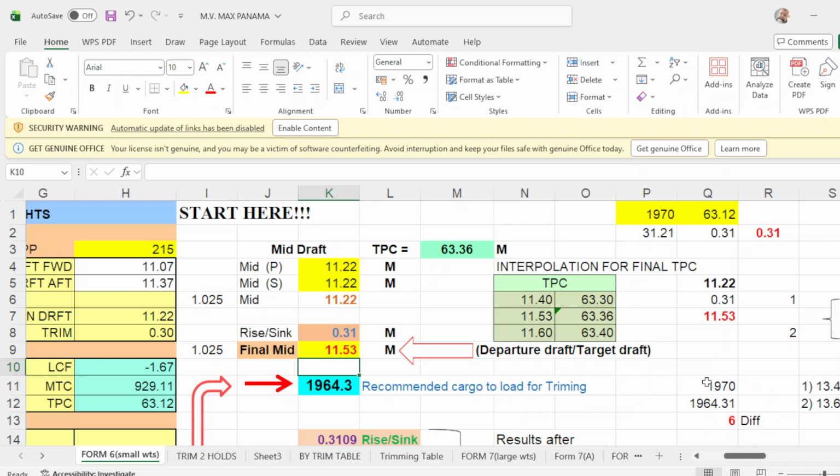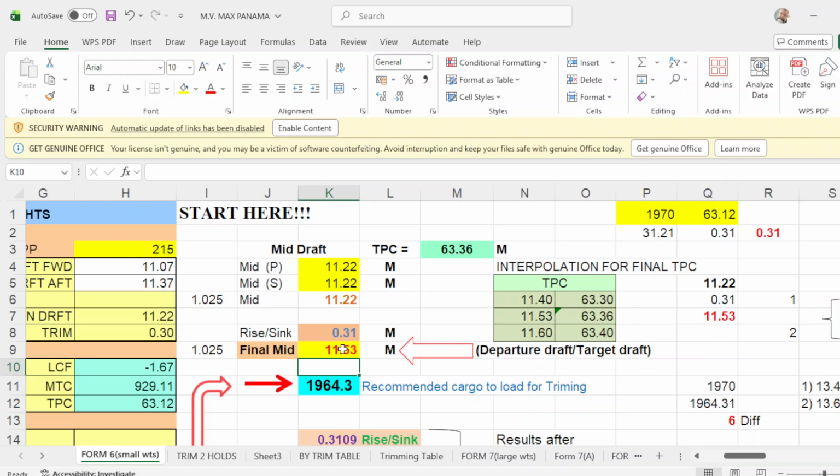Because this is your target, the recommended 1970, but the program says this one, and you have a difference of 6 metric tons. So I want to put it exactly at 1970.